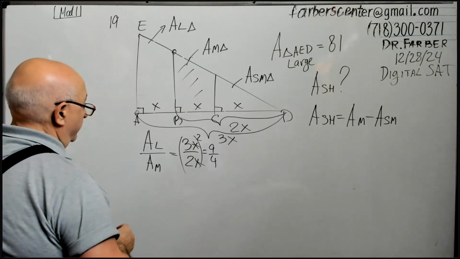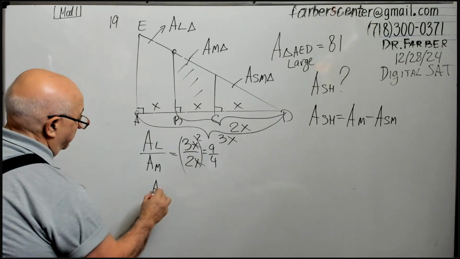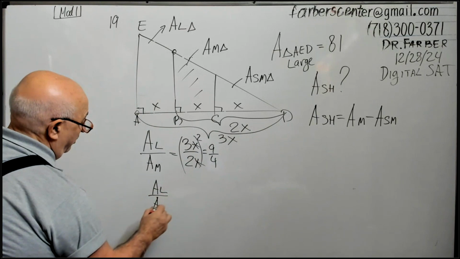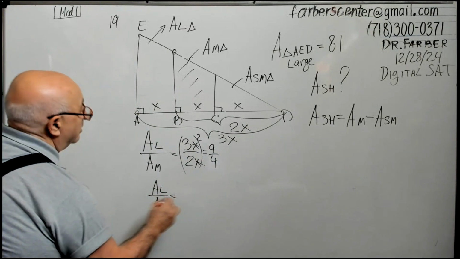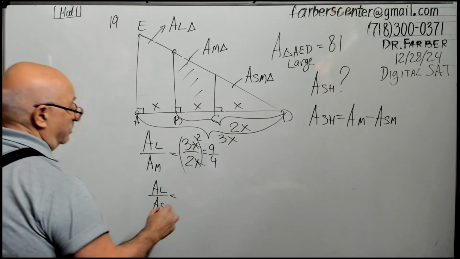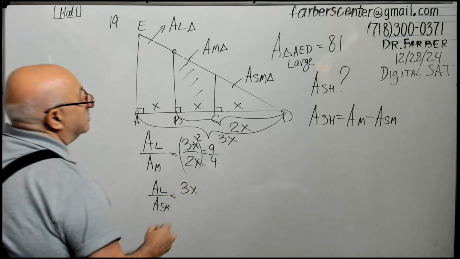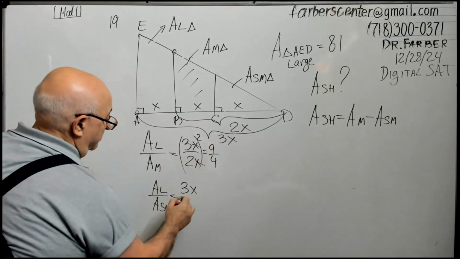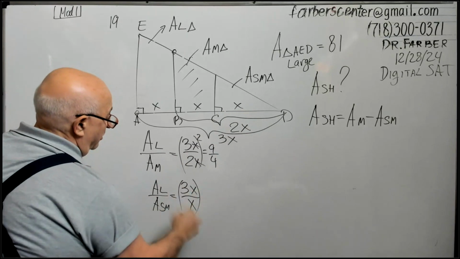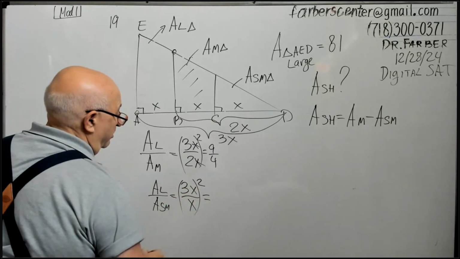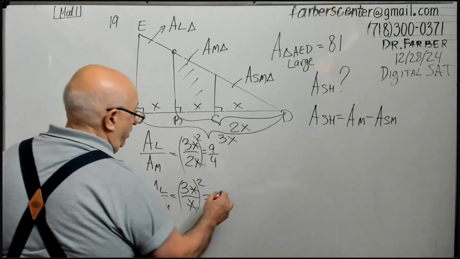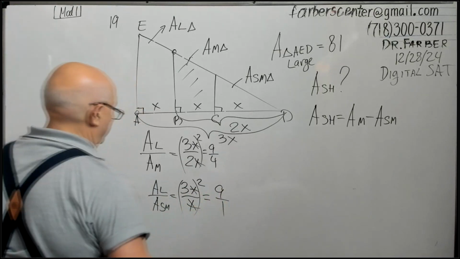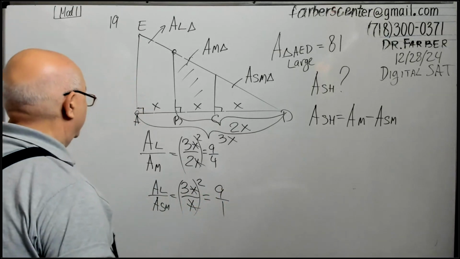From another side, area large to area small equals 3x to x to the second power, which is 9/1. In addition, look at this.